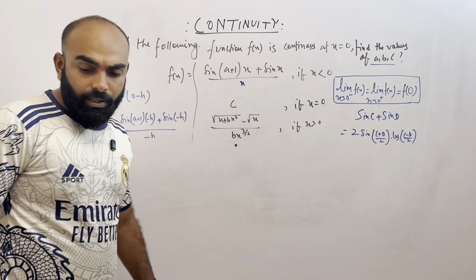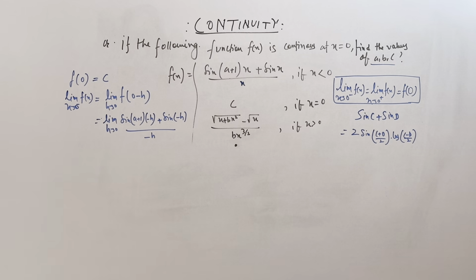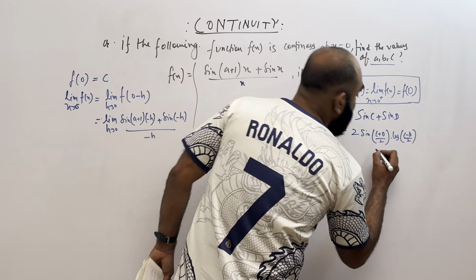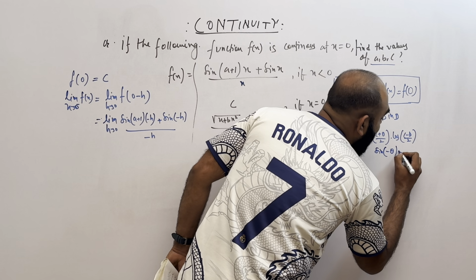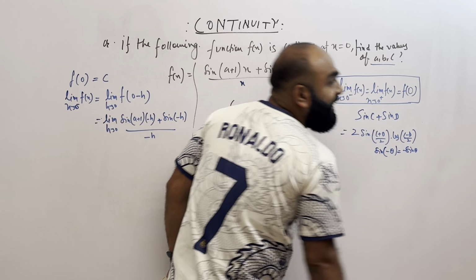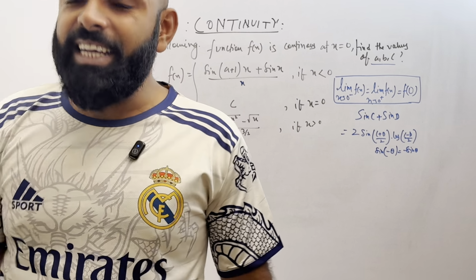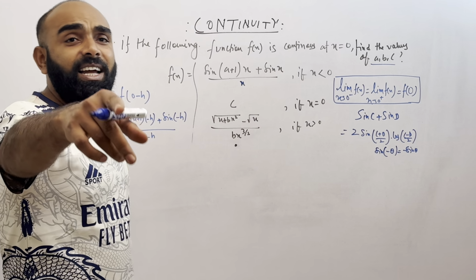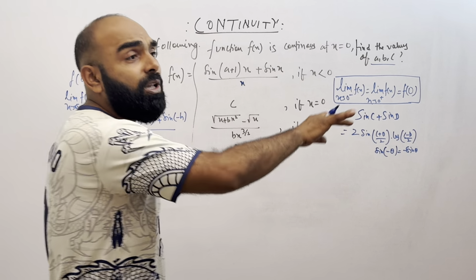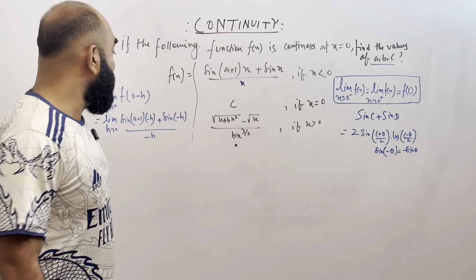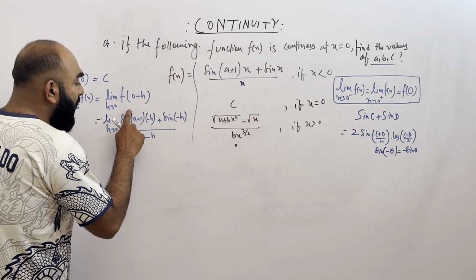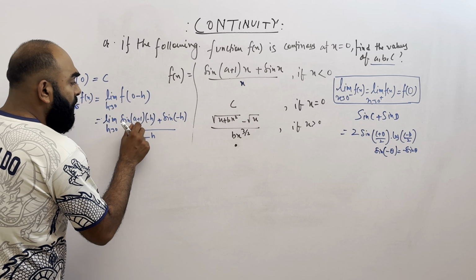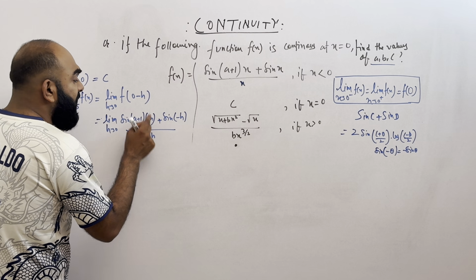Correct? Yes sir, up to here I understand. Tell me, what is sin of minus theta? Sin of minus theta is minus sin theta, and cos of minus theta is cos theta. Sine throws the minus and cos eats the minus.